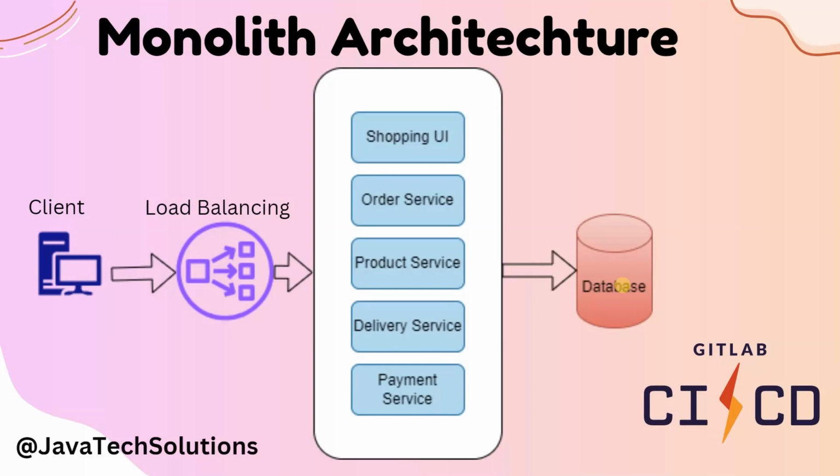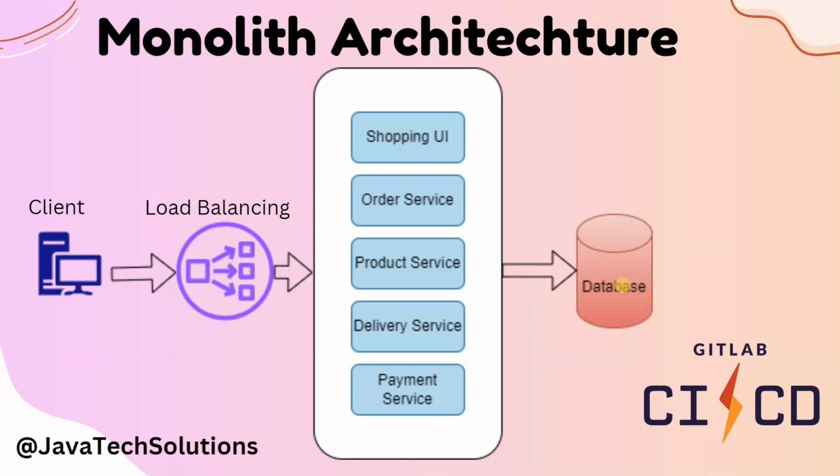Monolith architectures are often characterized by their simplicity and ease of development, especially for small to medium sized applications. However, they can become complex and difficult to maintain as the size and complexity of the application grows.